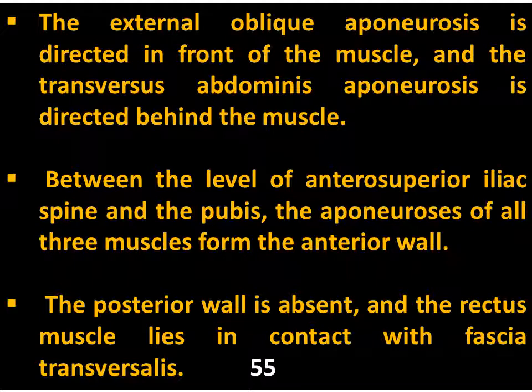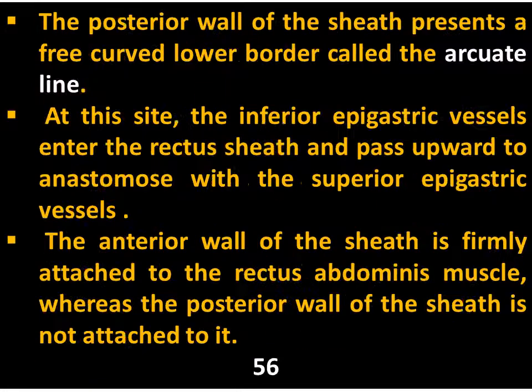Here there is no posterior wall, and the rectus muscle lies in contact with the fascia transversalis, which covers it. The posterior wall of the sheath is present in the lower part and ends at a lower border called the arcuate line, and we will show it in the picture.